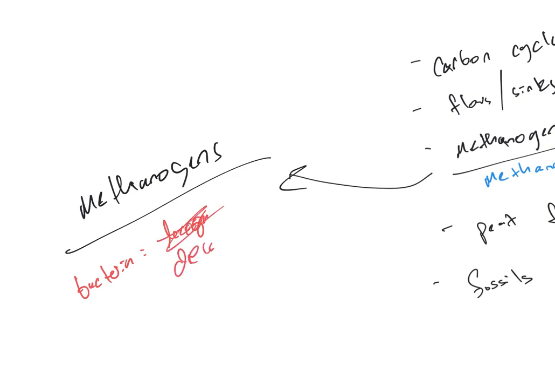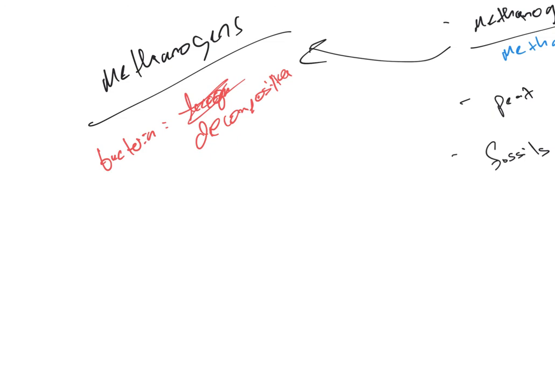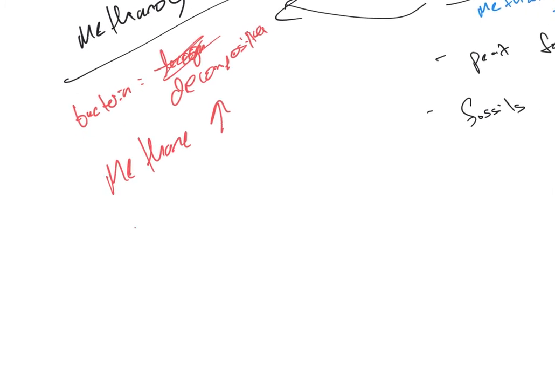They're bad for the environment because they increase methane in the air, which is a greenhouse gas, and that greenhouse gas is bad. So that's methanogens. Oh, this is also an anaerobic process. Okay?